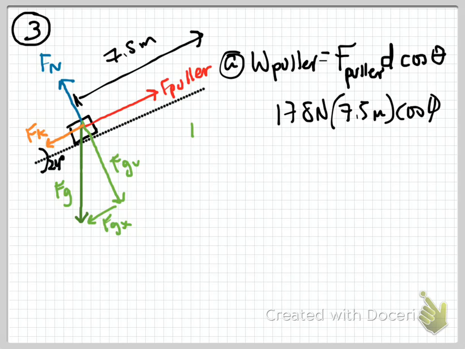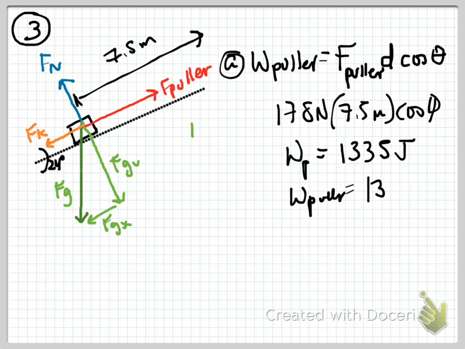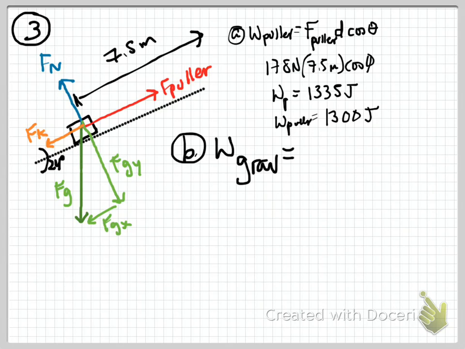So we get a work done by the puller of, raw answer, 1335 joules. Work of the puller with sig figs is 1300 joules because that's 7.5. So that was really easy. Most people got that.